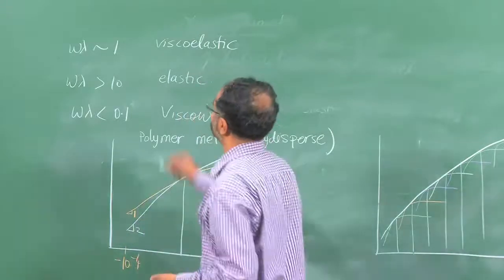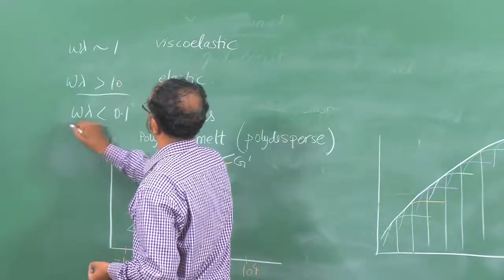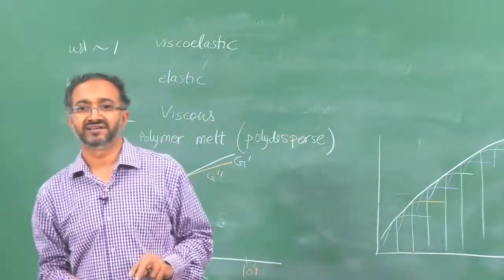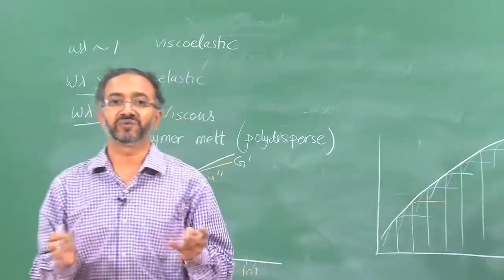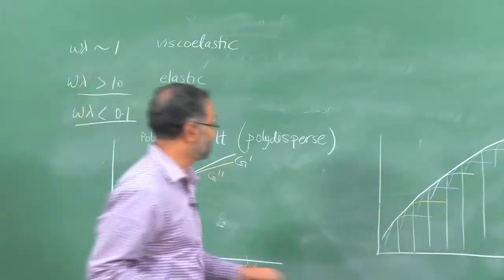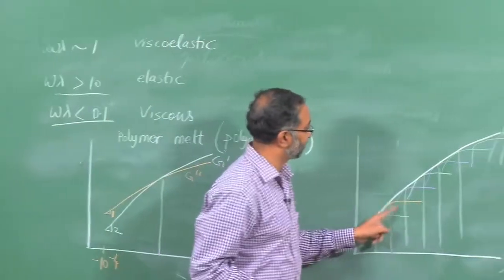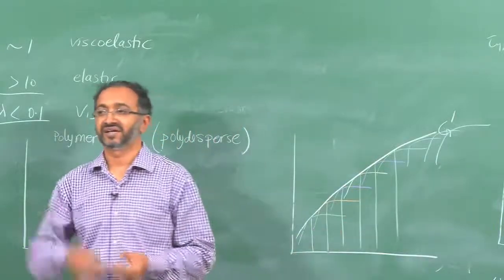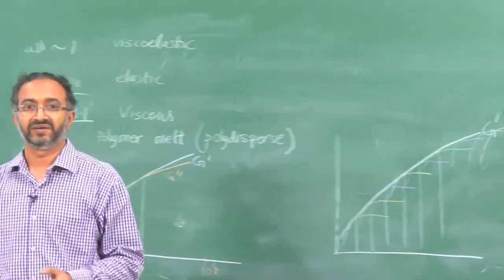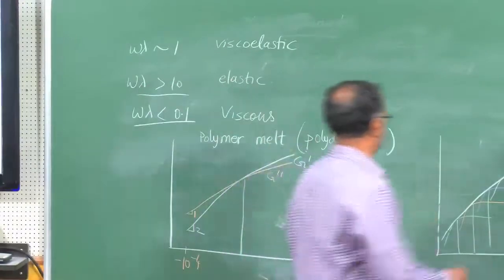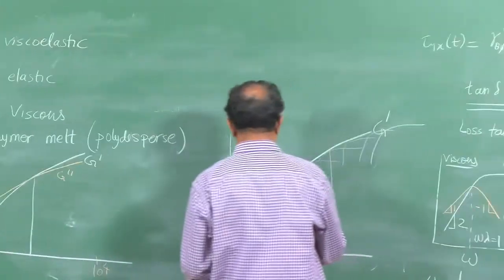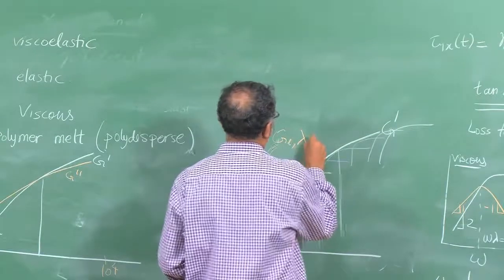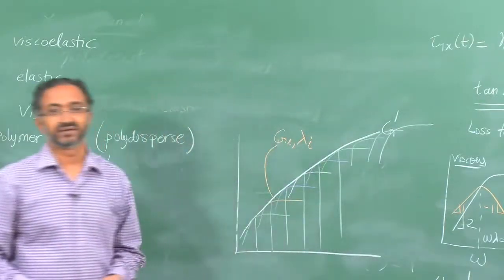So all of these individual modes go from viscous to elastic within a factor of 100 in frequency, and I add all of them up. What I am doing is, for each of these Maxwell modes, I have some G and then lambda, right.